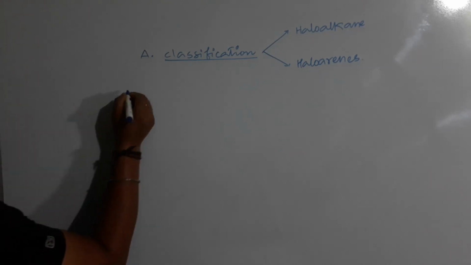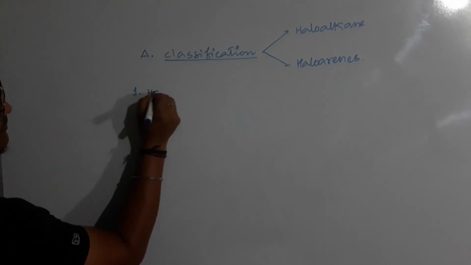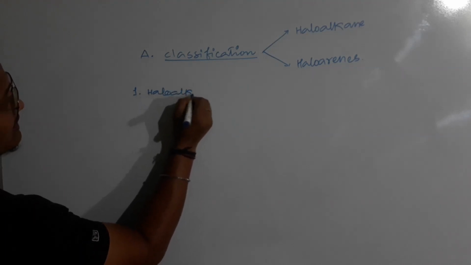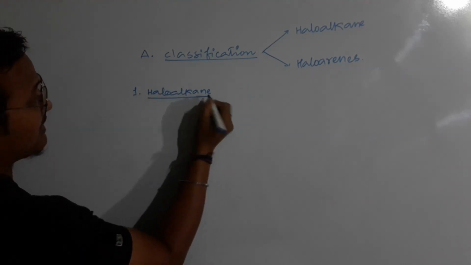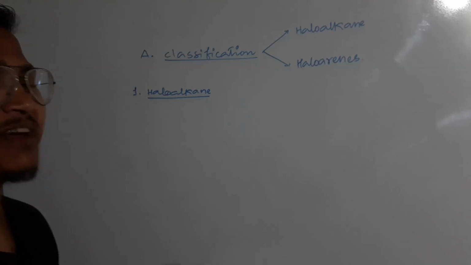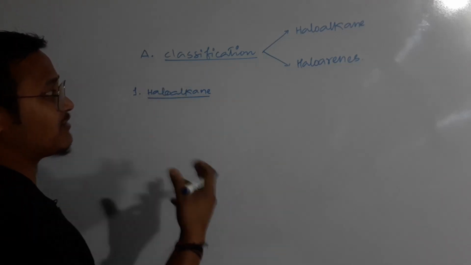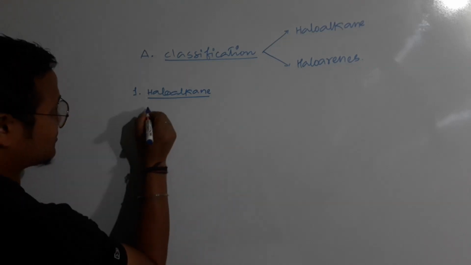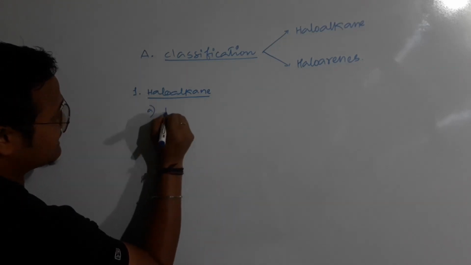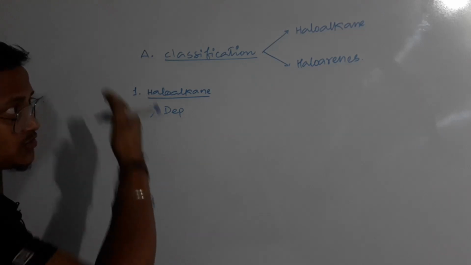Now if we first talk about the classification of haloalkane, then these compounds are classified on different bases, meaning depending on different properties. You try to make notes from all these things.